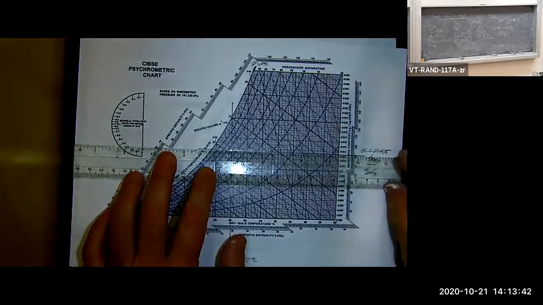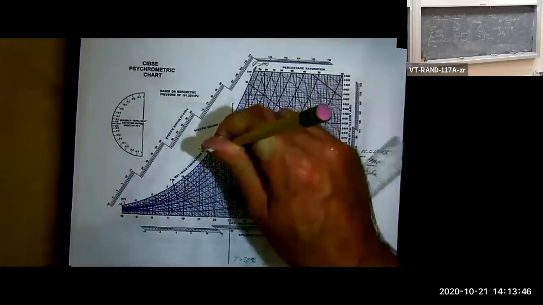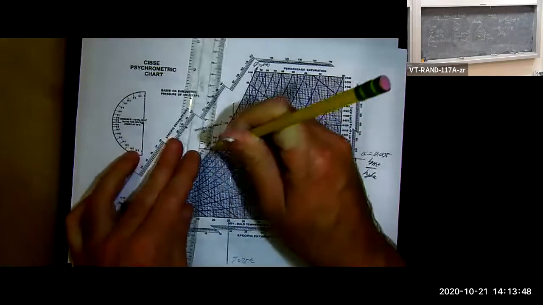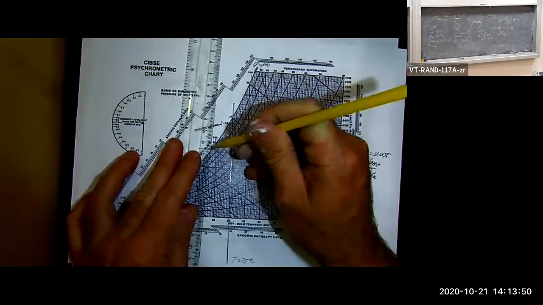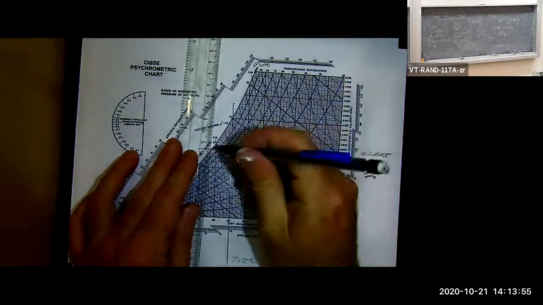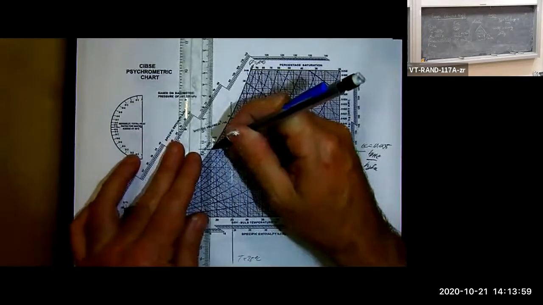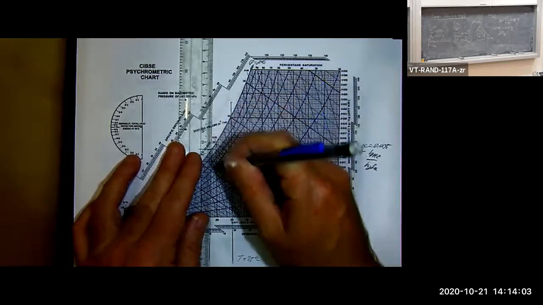Okay, so I've moved over, a little bit hard to see here. And that is my saturated state. And now I'm going to go down, use a sharper pencil here. I'm going to go down and find my corresponding temperature. Make sure you have this vertical. That looks pretty good.